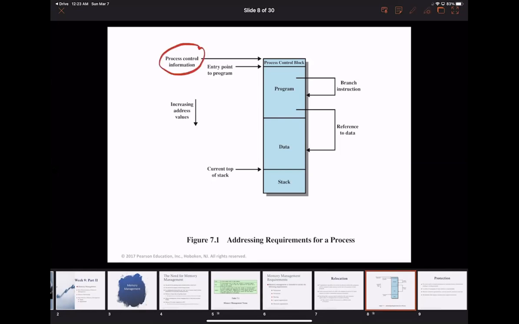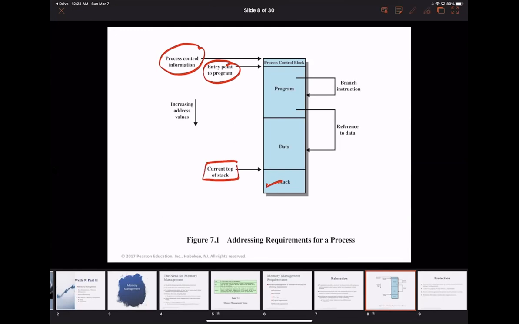This information is stored in the process control information, in which we need to identify the entry point of the program, as well as the information about the execution stack, where we need to store the current top address of the stack.